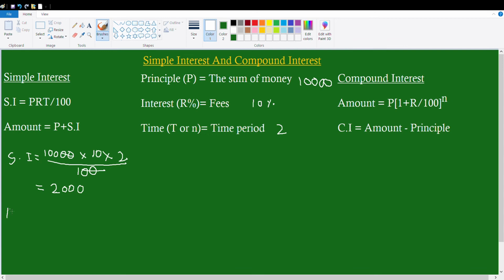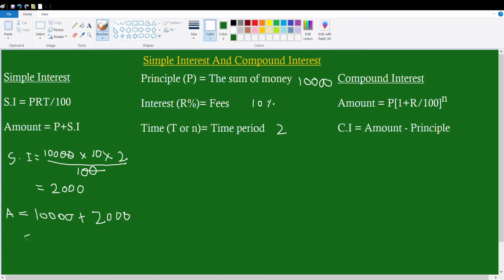Let's calculate the amount, which is going to be given at the end of the second year. Amount is equivalent to principal, which is 10,000 plus interest 2000.